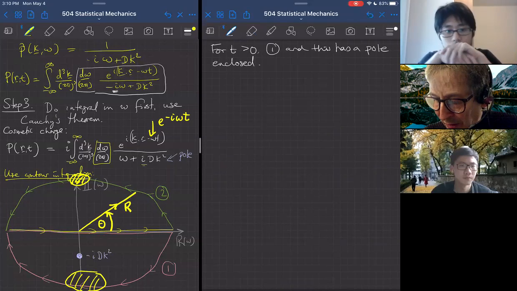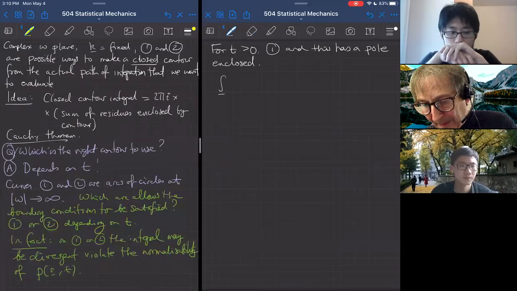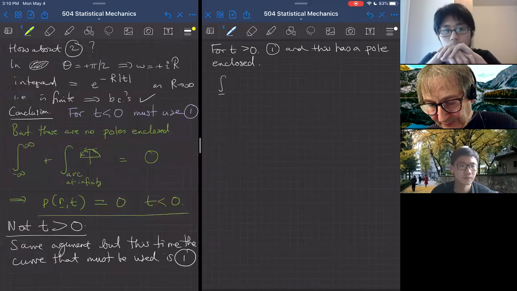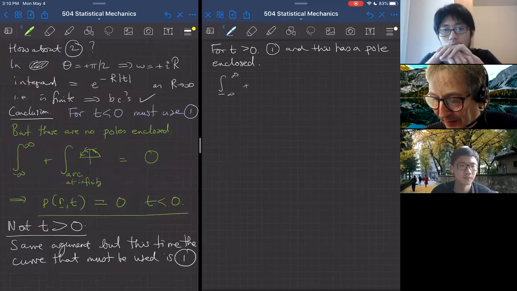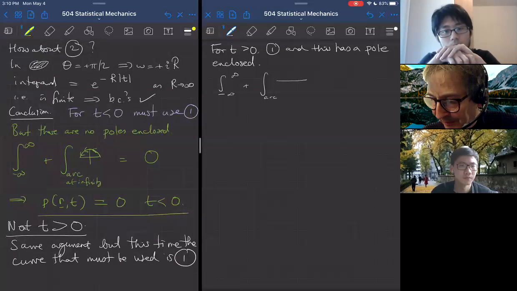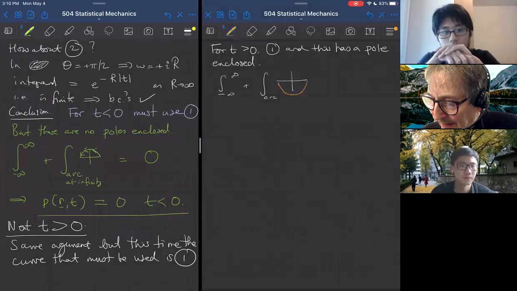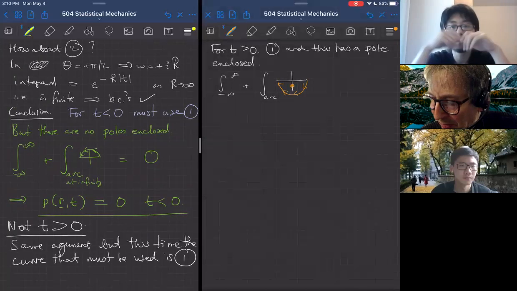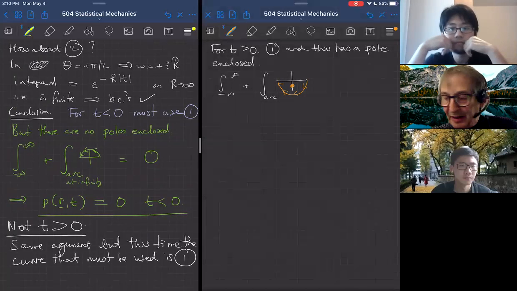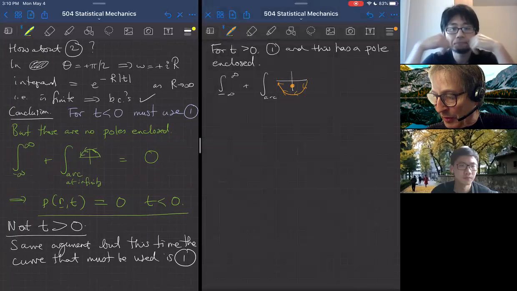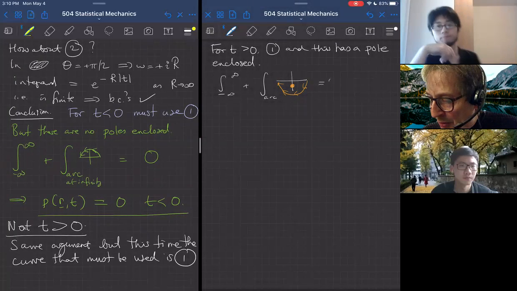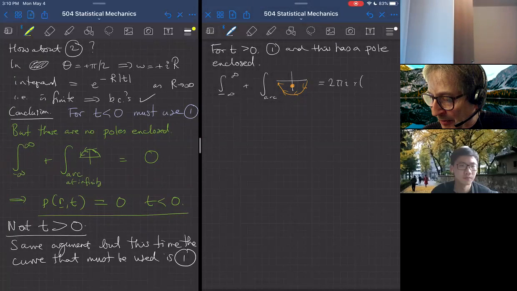So basically what we're going to say then is the integral from minus infinity to plus infinity, plus the integral over the arc at infinity, but now the arc is this arc with an enclosed pole, and now we have to evaluate what that thing is, and so that thing is equal to 2 pi I times the sum of the residues.